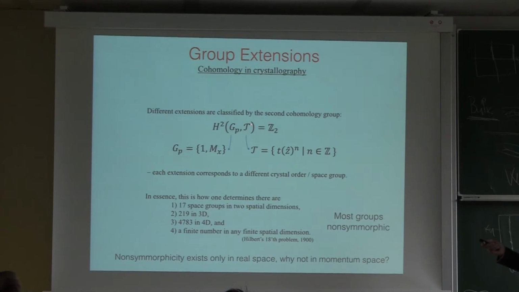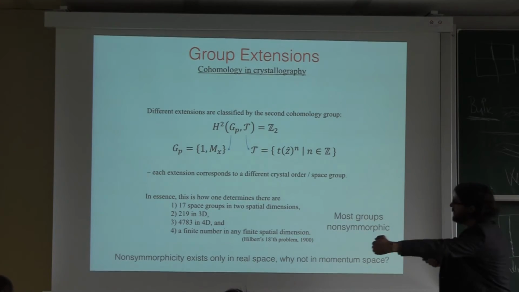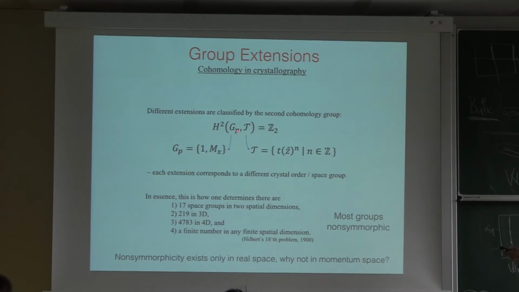But basically, the second cohomology group of mirror extended by translations. Translations are just a Z group. Why? Because translations are just 1, 2, 3, 4, 5. They're isomorphic to Z. This is Z2, and this just tells you that there's only two ways of extending mirror by real space translations. And that's what we found. One of them is the symmorphic way, the other one is the nonsymmorphic way. And that's actually how you come up with the whole description of groups, just by computing cohomology.